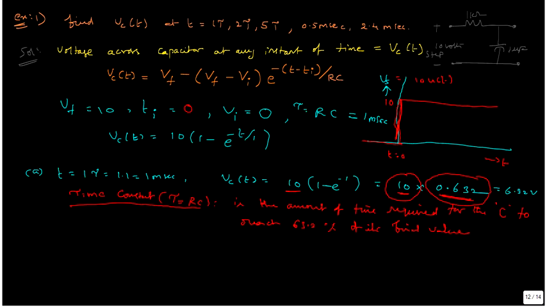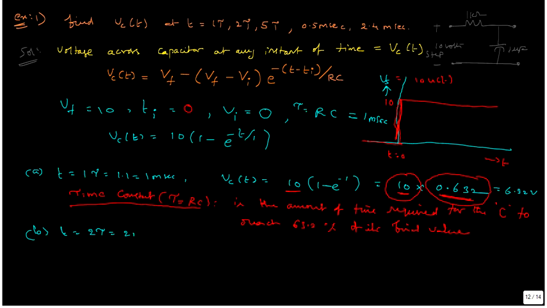Already we know capacitor charging doesn't depend on the applied voltage. It only depends on the percentage of applied voltage. 100% it reaches in 5 time constants. If you are applying only for one time constant of time, it reaches 63.2%. Similarly, if you are going for 2 time constants, t is equal to 2 tau.